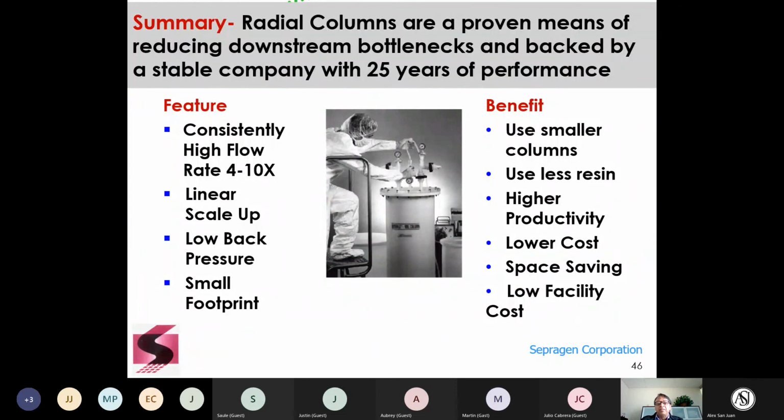So again, back to radial flow columns: consistently higher flow rates, linear scale up, low back pressure, small footprint. So very, very simple message, very simple to use, proven technology, and if you're interested, we wish for you to chat with us, and we'd be happy to work with you.